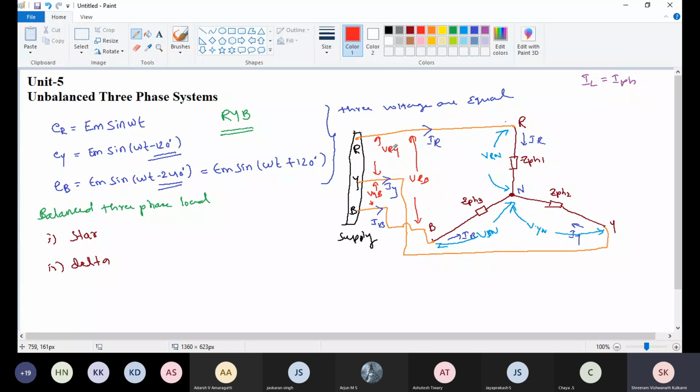Voltage between two lines, or across the two lines, VRY, VYB, VRB. These are my line voltages. Here, the line voltages are not equal to the phase voltages. That is in the case of a star connected load.